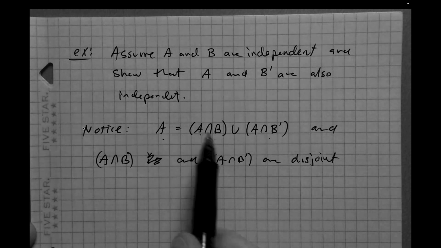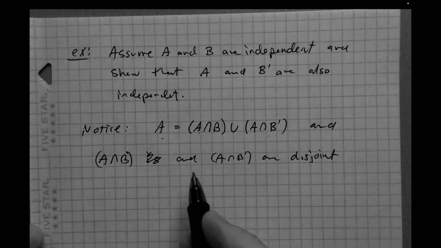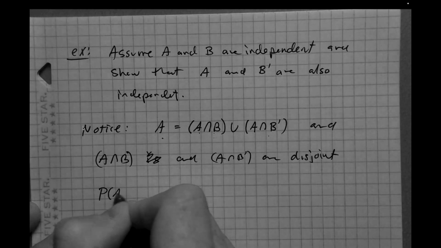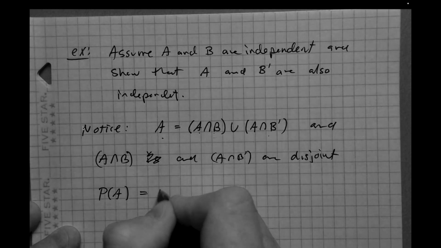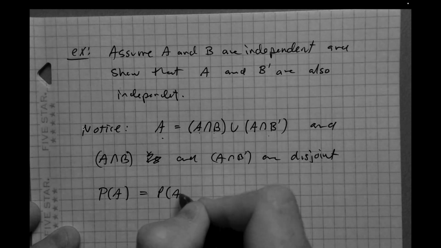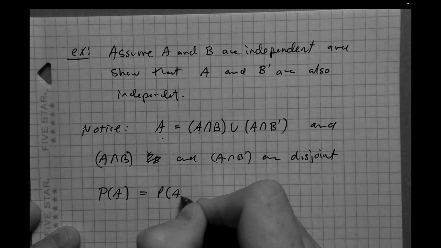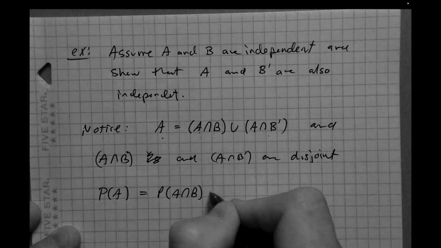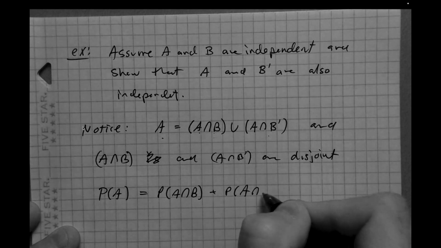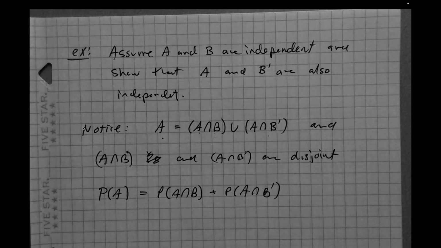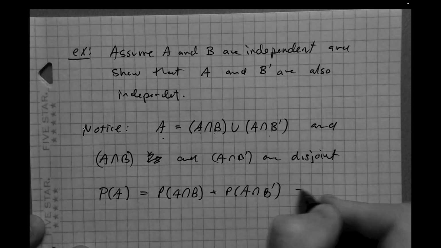And so what we can do is use the additive law. So the probability of A equals the probability of A and B plus the probability of A and not B.